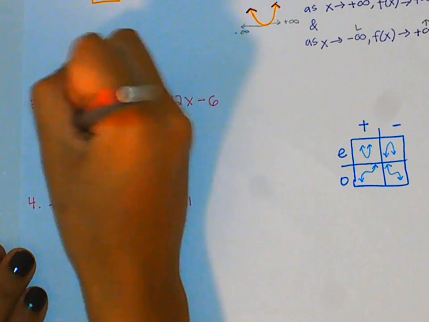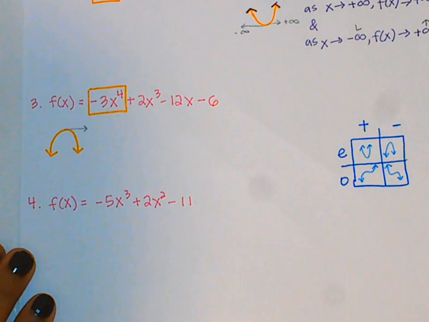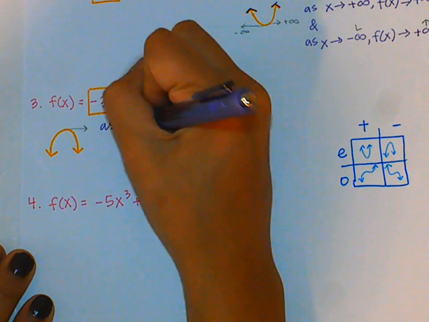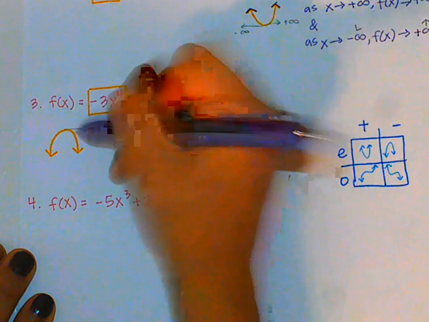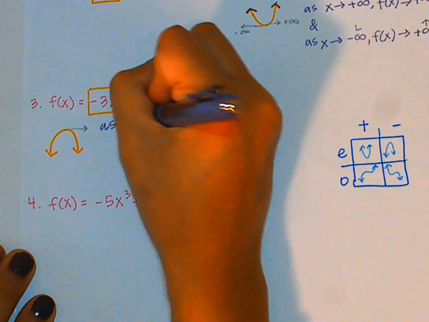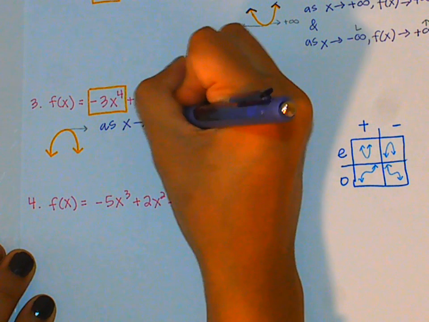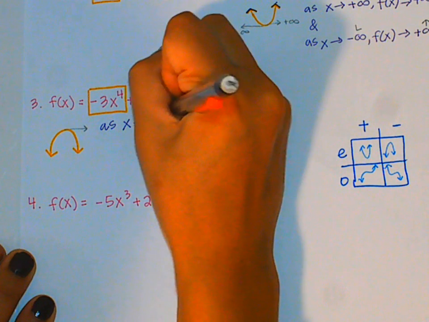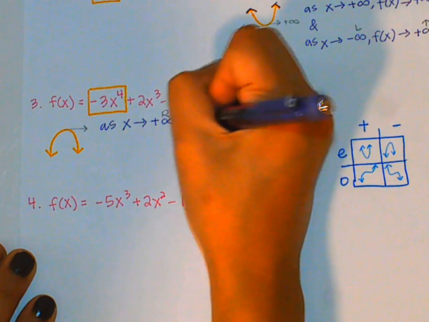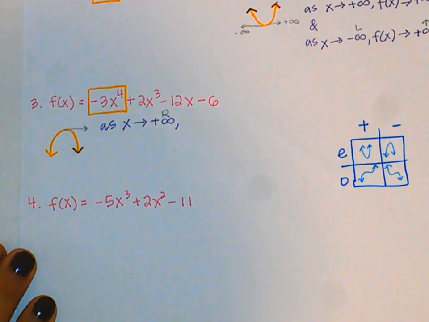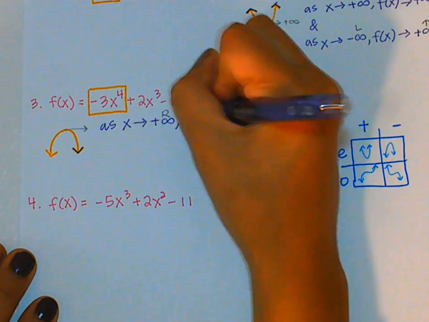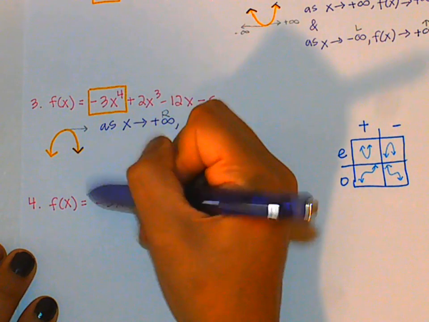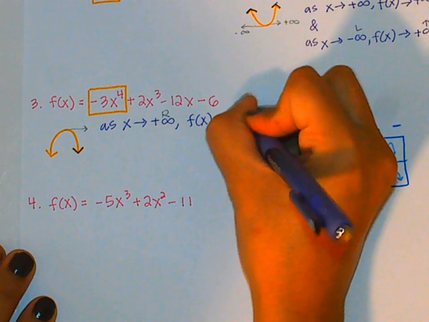So again, as I'm looking at the right, as my x, because this is x, left to right, approaches positive infinity, meaning it goes to the right, what happens to my graph? Well, it goes down. So f of x approaches, since it's going down, it would go to negative infinity.